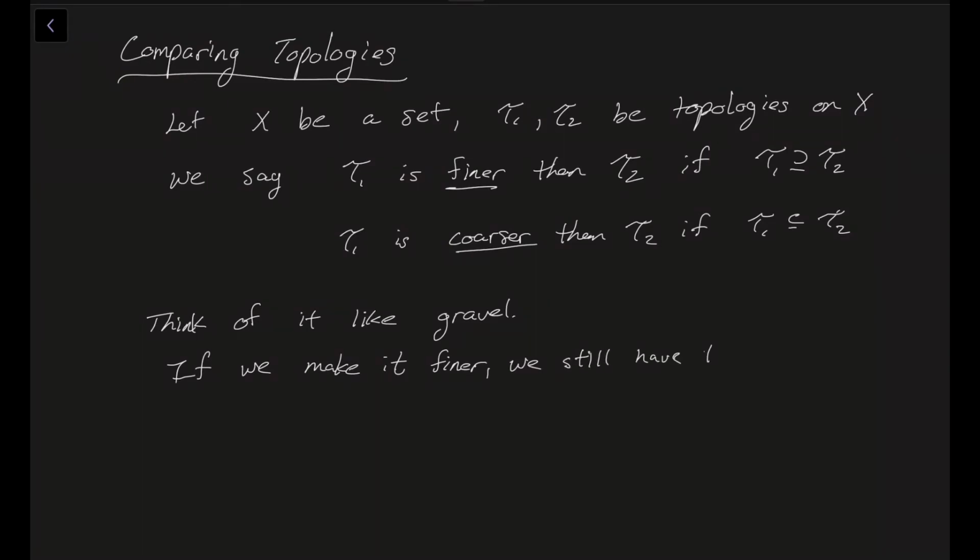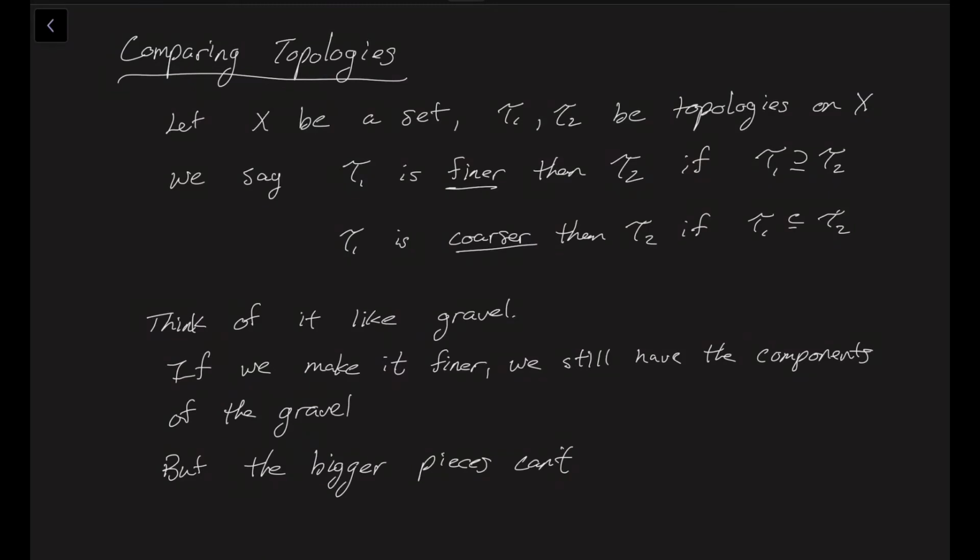But if we crush it, we can piece and compress together some of the dust or sand back into the original gravel pieces. But we can't take the original gravel pieces and put them together to get pieces of sand. And that's how we can think of finer and coarser, because the sand physically is finer than the coarser gravel.